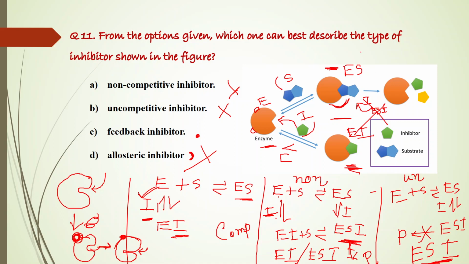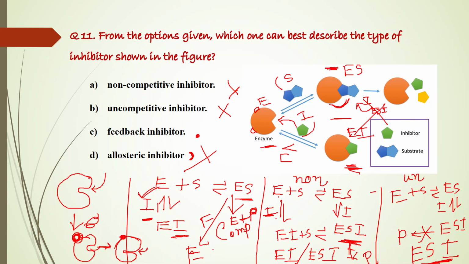this last step, in case of competitive inhibition, what happens? It gives you back the enzyme and your product. This is for competitive inhibition. But here, for feedback inhibition, let me write it as F. After the enzyme-substrate complex formation, the product formation is happening.